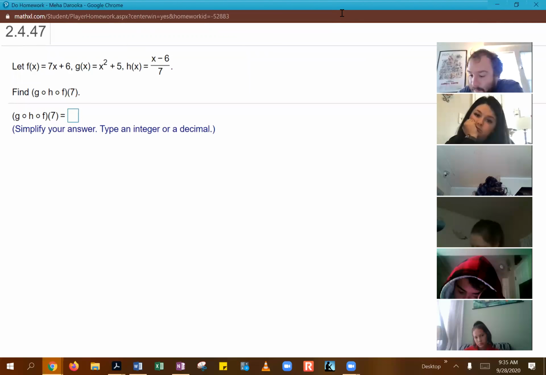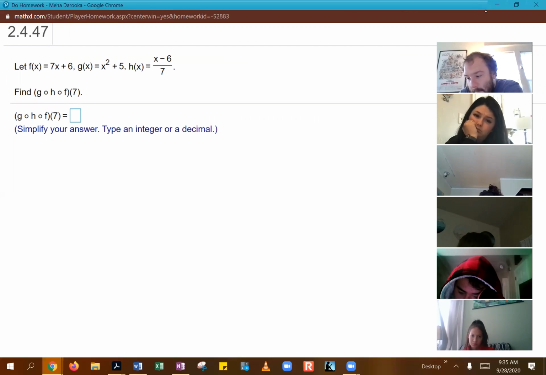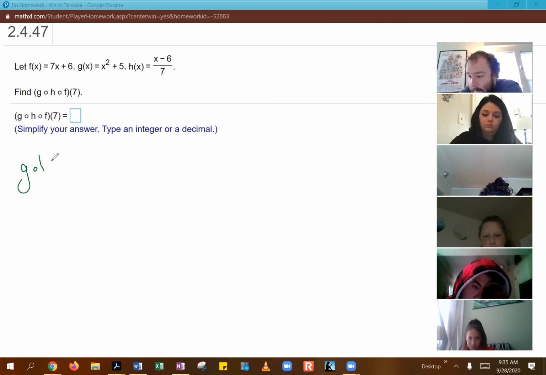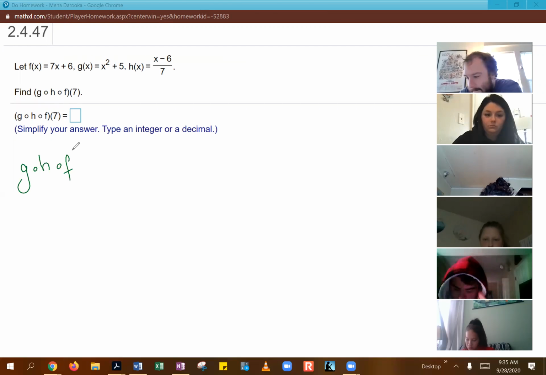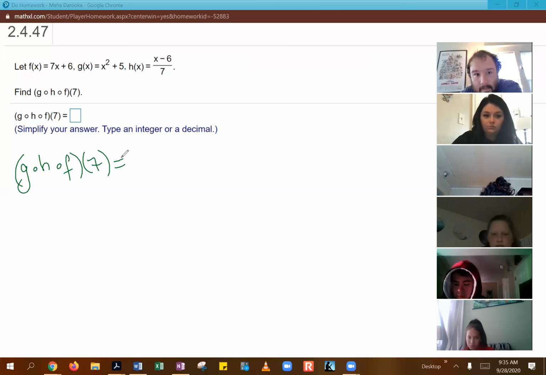Same thing, composition of functions, but this one is actually going through 3 different functions. You can see we're starting with G, then H, then F. So let's take a look at this guy. G of H of F at 7 is going to translate into G as the outer function.